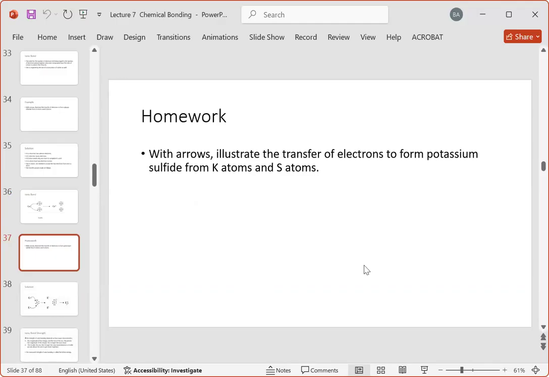I want to give this to you for homework, but I still have it here, so let's do it together. With the arrows, illustrate the transfer of electrons to form potassium sulfide from potassium atoms and sulfur atoms.